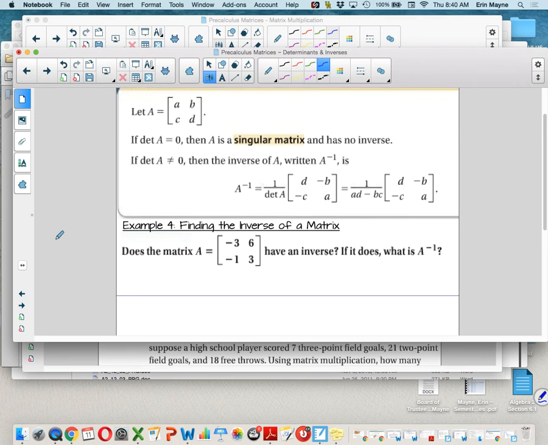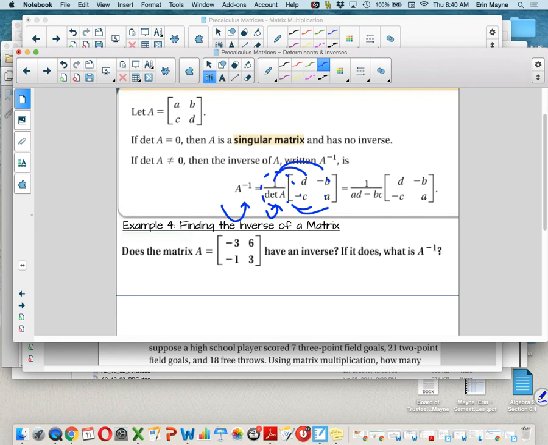So if I have a matrix, A, B, C, D, I can find its inverse. Notice the notation, similar to the notation you've seen before. By, now watch this, flipping D and A, taking the opposite of B and C, taking the determinant, finding the reciprocal of it, and multiplying it as a scalar.